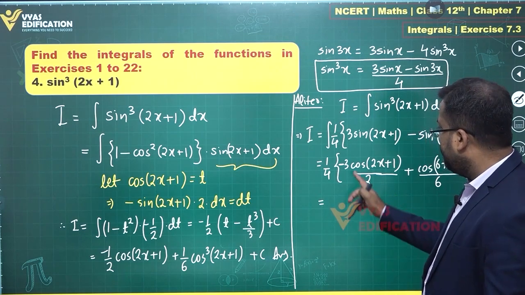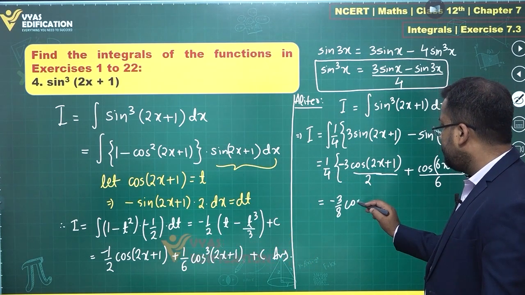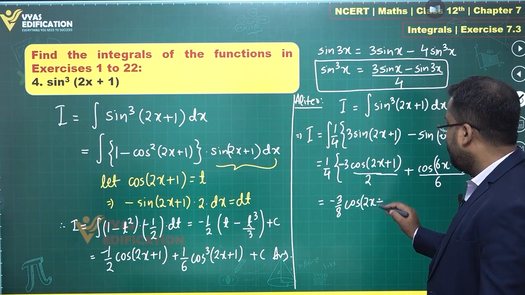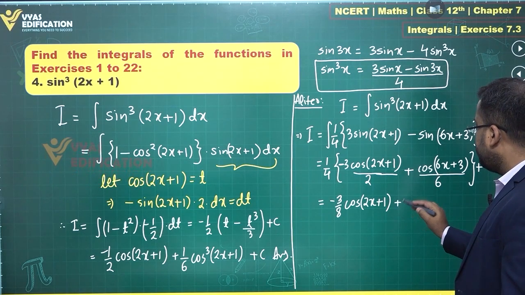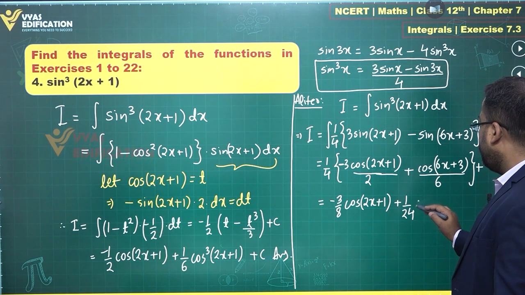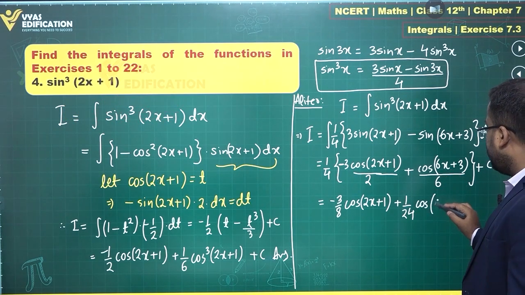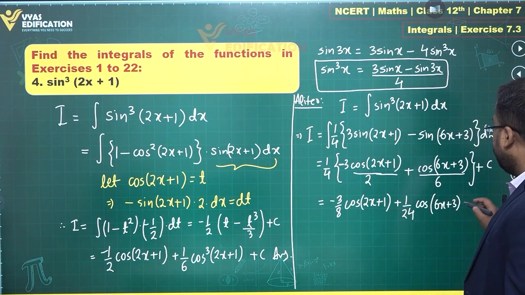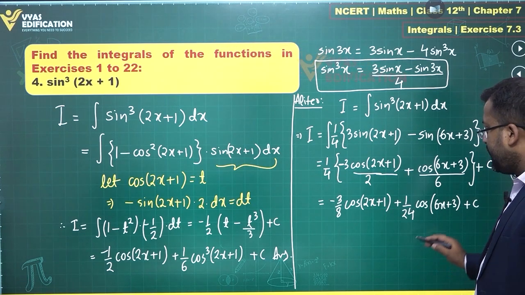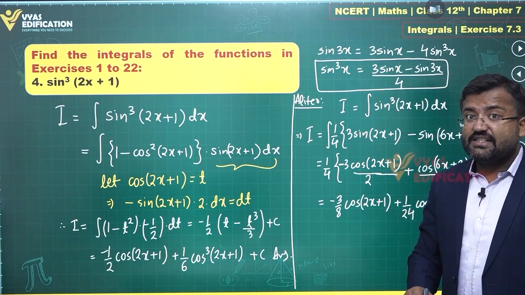So this will simplify to minus 3 upon 8 cos of 2x plus 1, and what do you have? 1 by 4 and 6, this becomes 1 by 24 cos of, this is actually 3 times 2x plus 1, you can write it as 6x plus 3 only, but this is actually thrice of this angle, plus a constant of integration. So this is another form of that same answer.